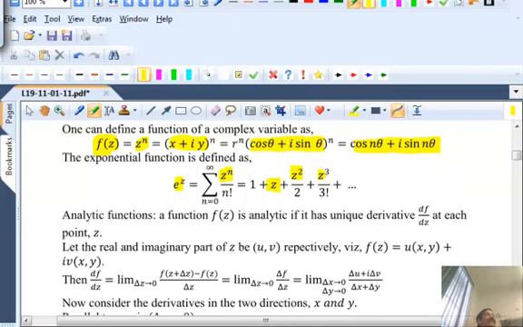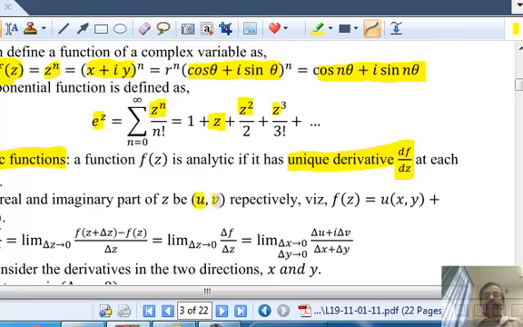Now, this idea of an analytic function. What is an analytic function? A function is said to be analytic if it has a unique derivative. When you're taking the derivative of the function, it must be unique, independent of which direction you are approaching that derivative from, the x direction or the y direction. So we're going to say the real and imaginary parts of that function are u and v.